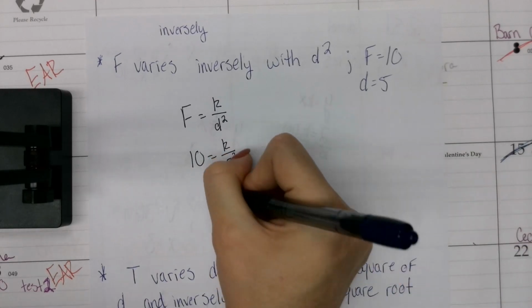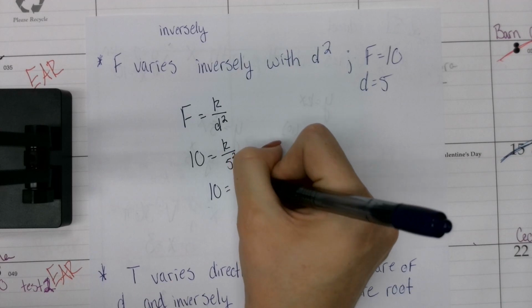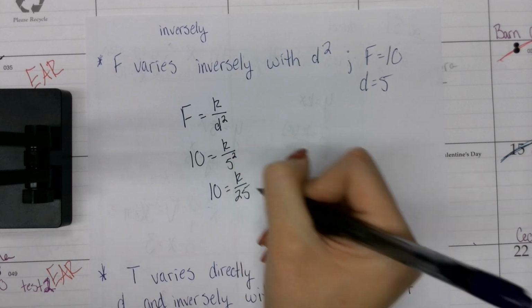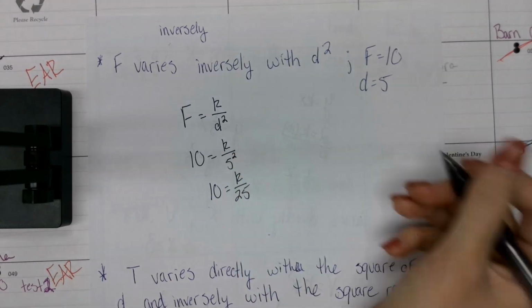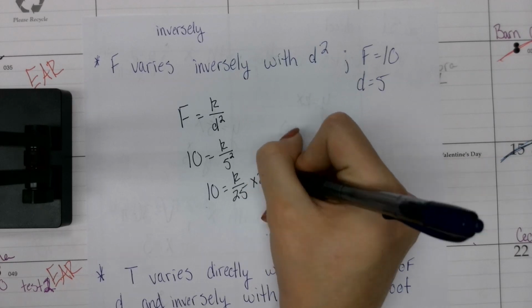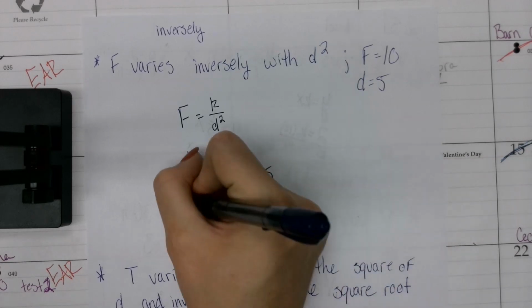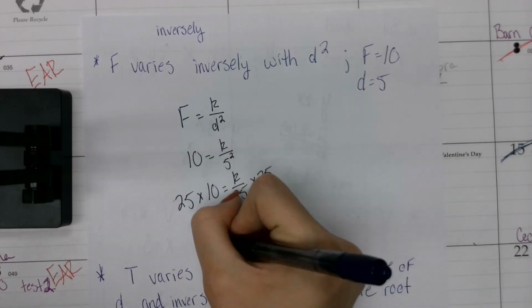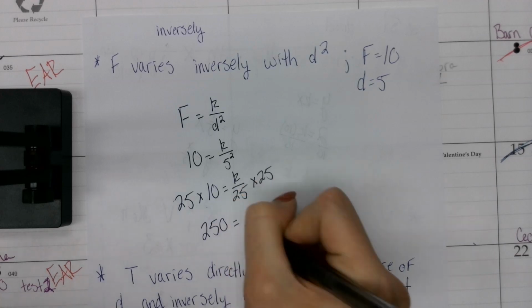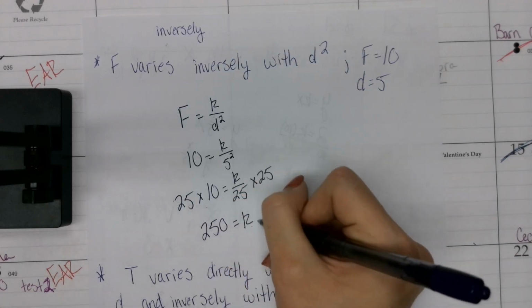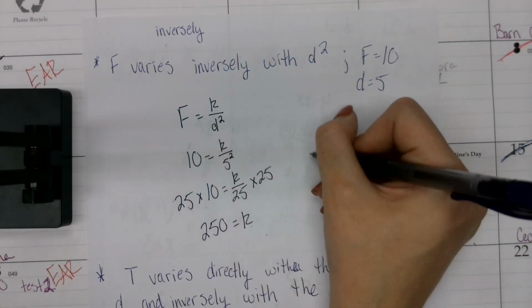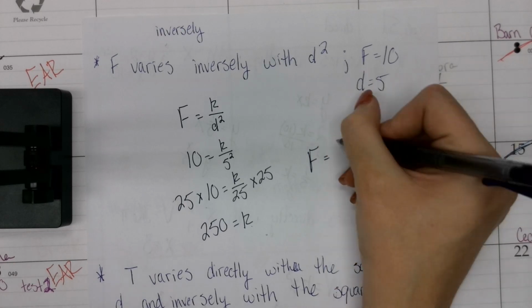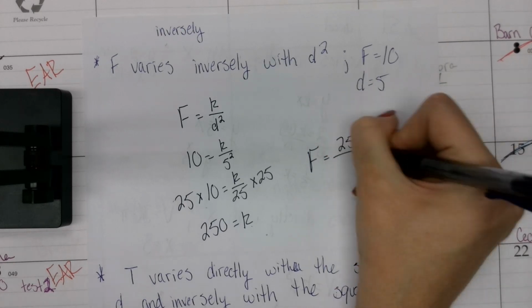I'd have 10 equals k over 25. Since this is division, the inverse would be multiplication, so we're multiplying by 25. So 250 equals k. We substitute it up here, so f equals 250 divided by d squared.